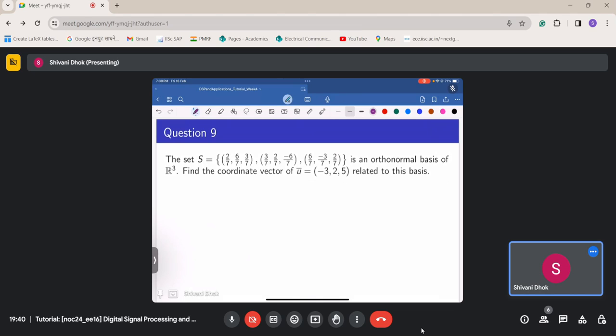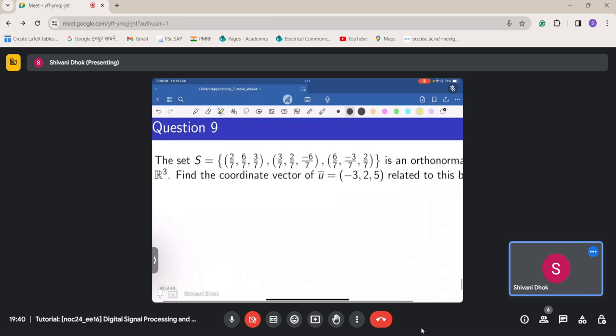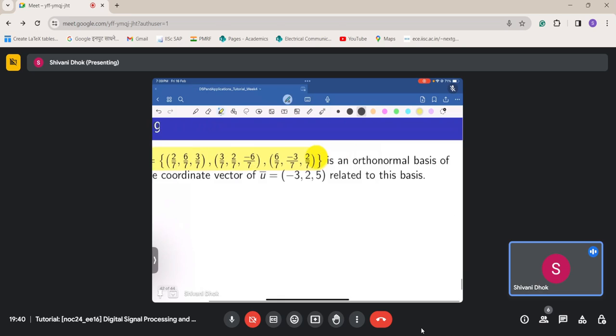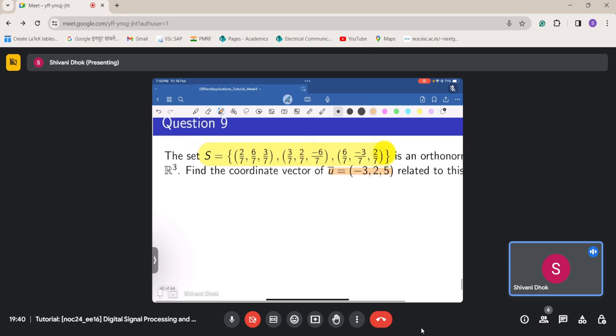Okay, so what it says is, let S equal to this thing here be an orthonormal basis in R3, and let there be a vector u in R3. So we need to find the coordinate vector of this vector u.